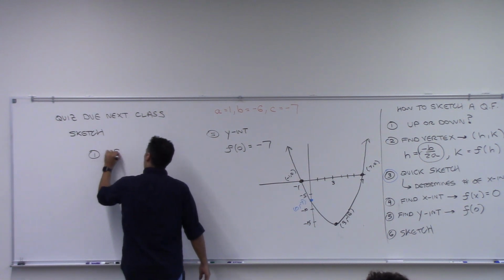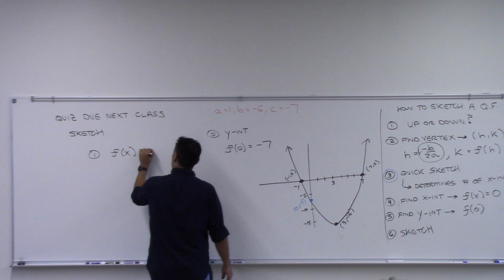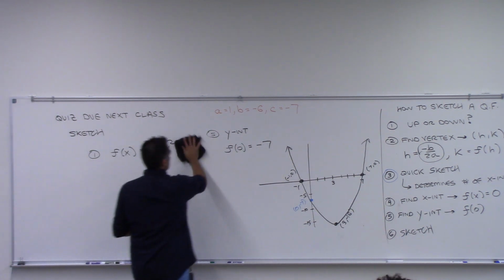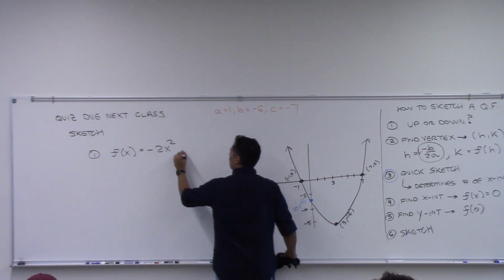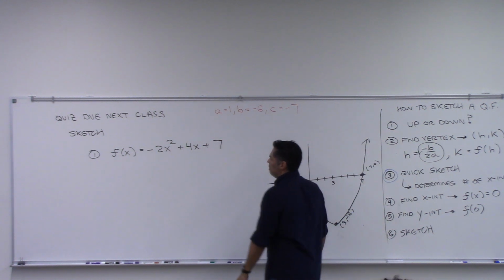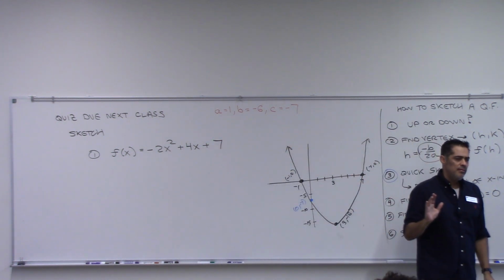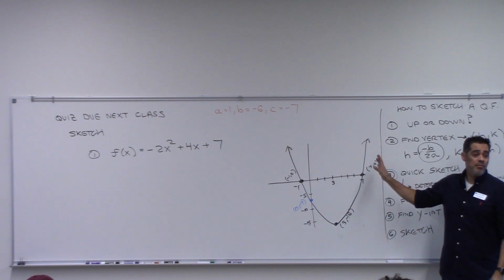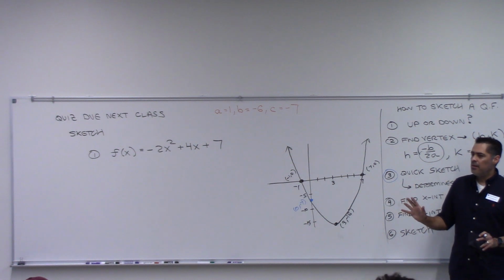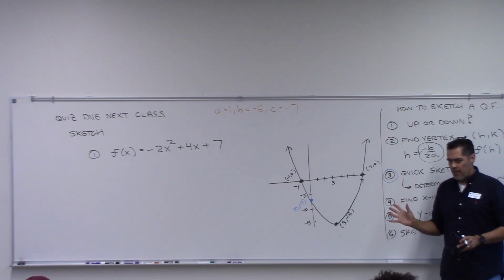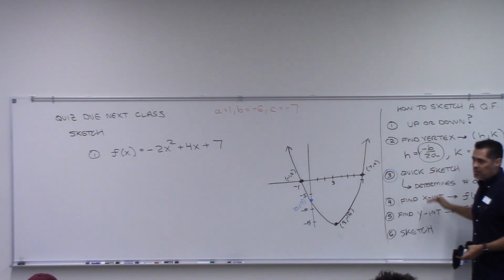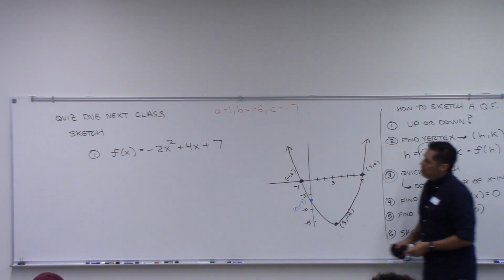First problem, f of x equals negative 2x squared plus 4x plus 7. Now, I can already tell you right now that the one I gave you in class just now, everything was beautiful. Like it factored, everything was nice, right? This problem may not work out that clean, all right? But you should be able to execute all these steps. All right, that's the first one.